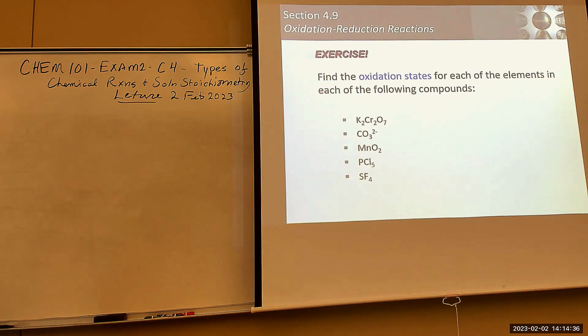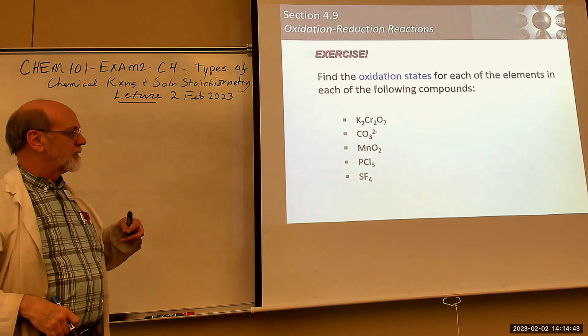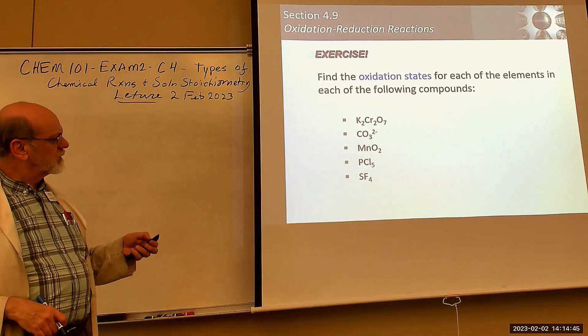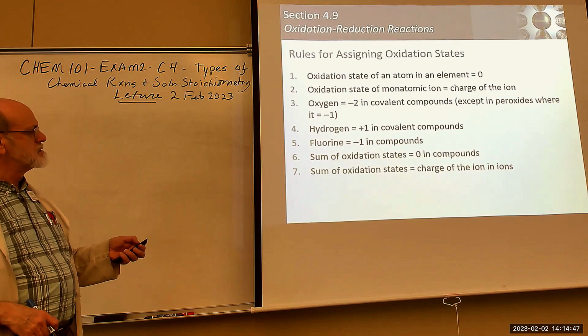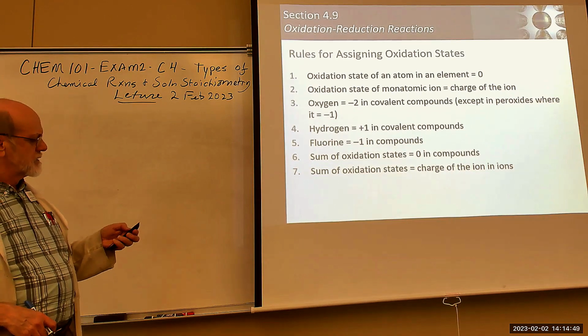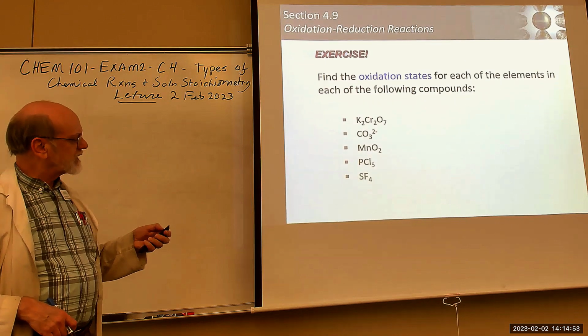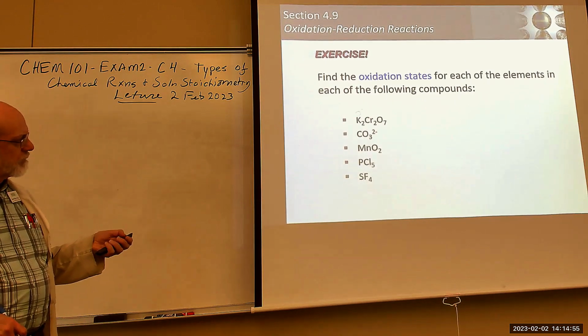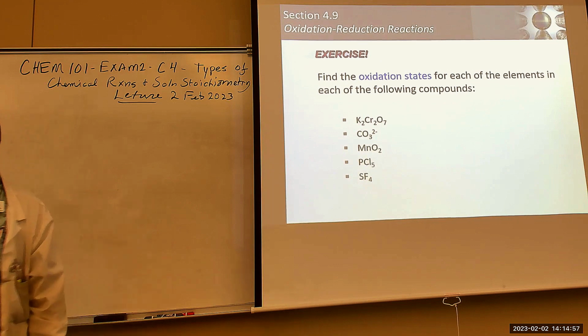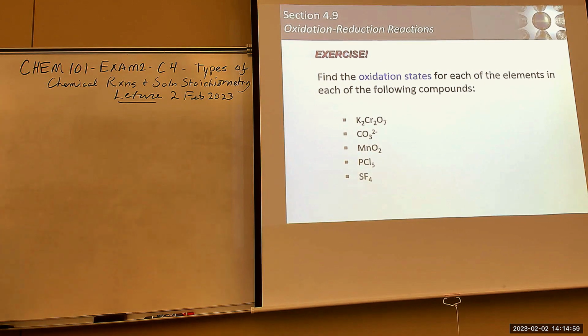All right. So what are the oxidation states for each one of these? Well, we didn't cover it. Well, we sort of did. I'd like to add alkaline metals. They're always +1. Alkaline earths, they're always +2.